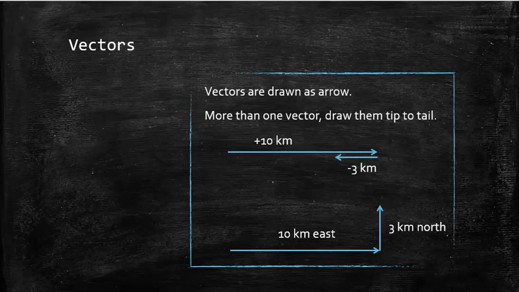When you're drawing vectors, I talked about how you need to draw diagrams to solve the problems. Vectors are drawn as an arrow, and you draw them tip to tail if you're using more than one vector. When you're working in one dimension, you kind of offset one. In two dimensions, you'll have angles to work with, and just try to represent them as best you can. The direction is indicated by the arrow point, and the length of the arrow gives you the magnitude of the vector.